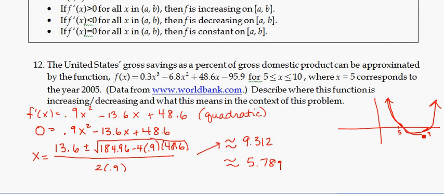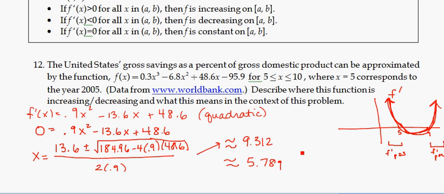Let's pretend that this is a parabola, so please ignore my messiness here. This is f prime, not the original function, the cubic. This is the derivative. But what I'm noting here is that the derivative, f prime, is positive before this number 5.7, and again after this number 9.312, and it's negative in between these two values, right?